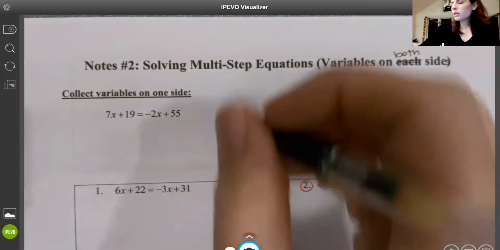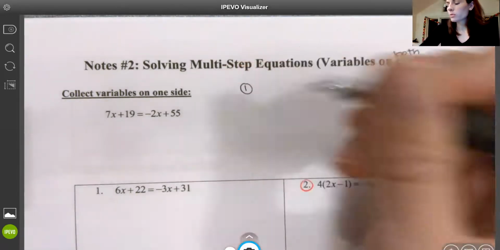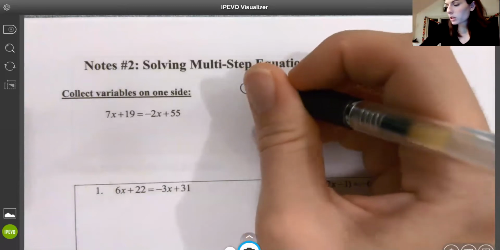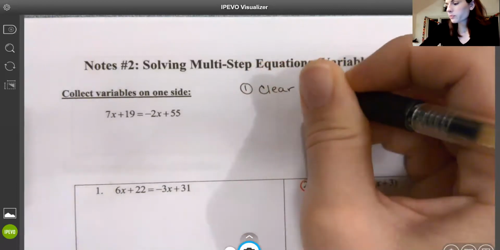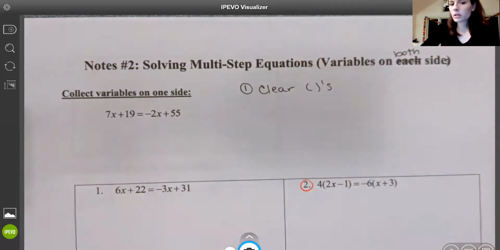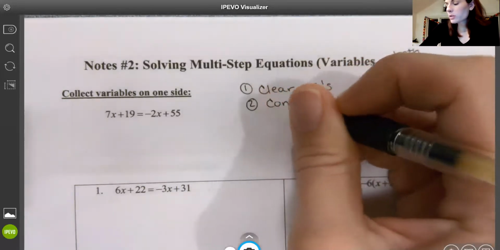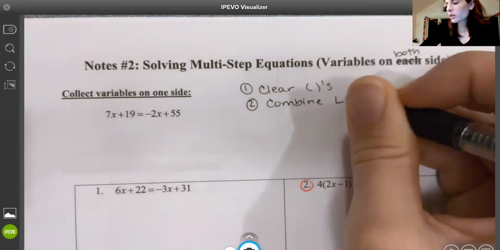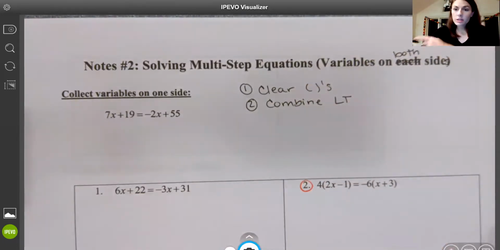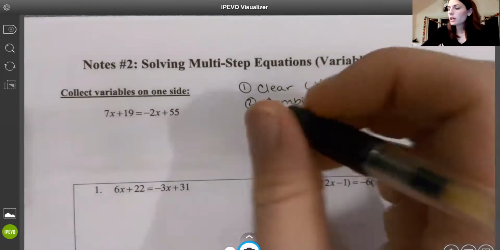And when we're solving equations, we still want to follow these rules. So first, we will clear any parentheses if we have them. Second, we will combine like terms, like terms that are on the same side of the equal sign.